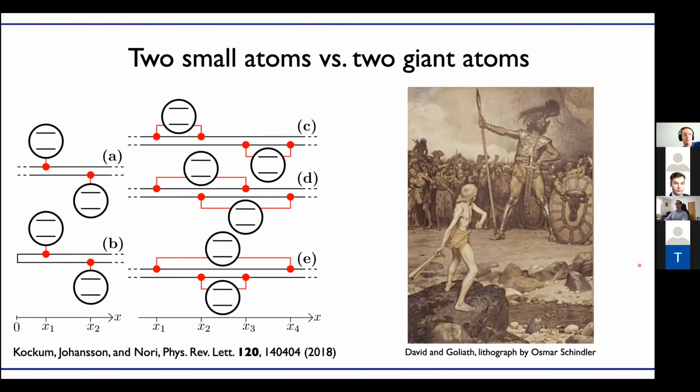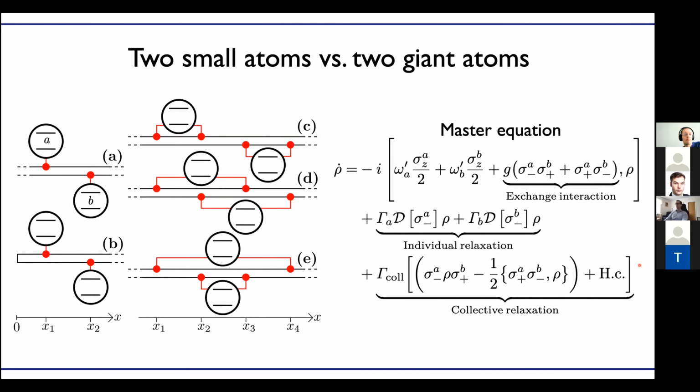So to compare all these, you can derive a master equation, so tracing out the transmission line again, just getting an effective equation for the dynamics of the 2 atoms. And for all of these setups, the master equation is of the same form.